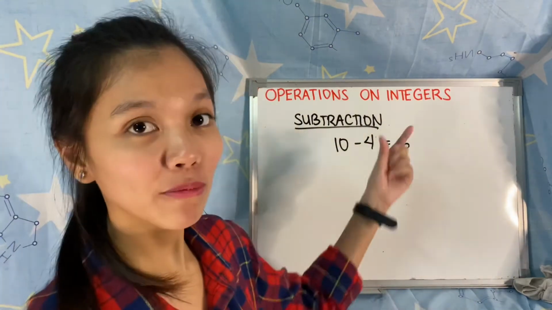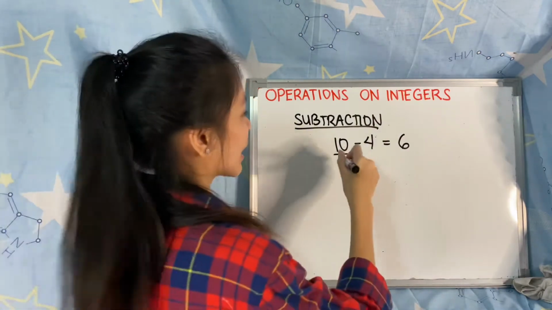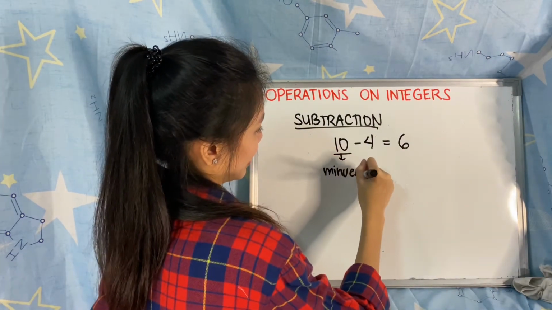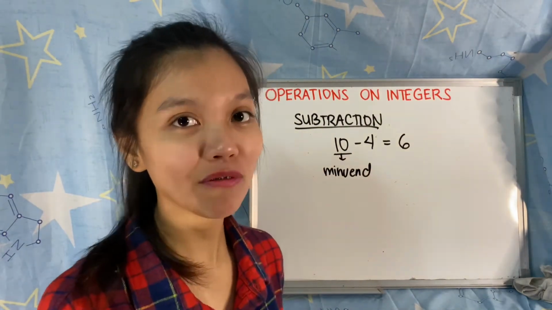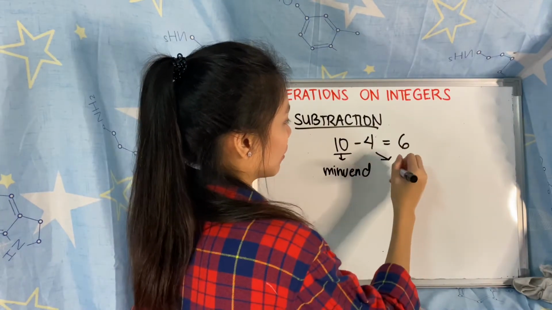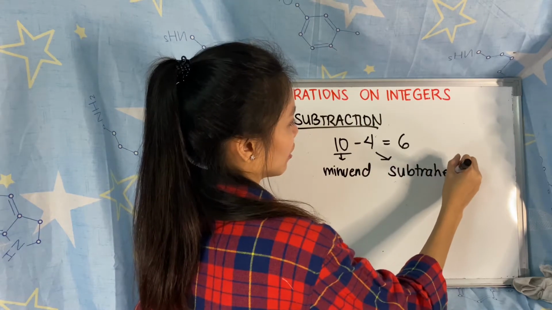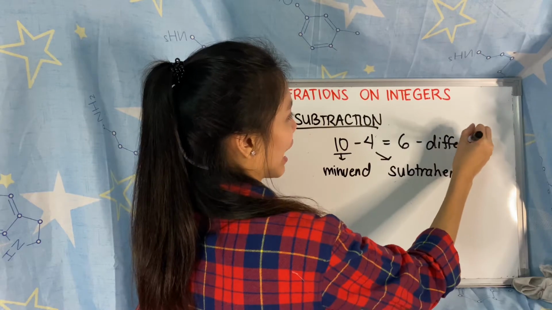The first one, kung saan tayo magbabawas, that is what you call the minuend. Then, this is the minus, which is the operation sign for subtraction. Then, the next part is your subtrahend. And of course, your difference, which is the answer.